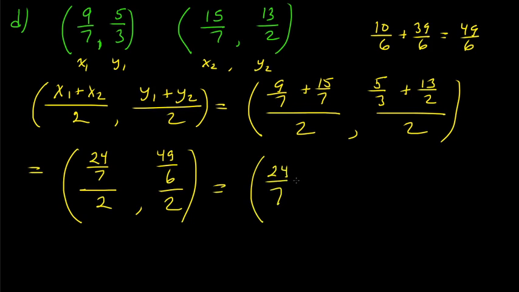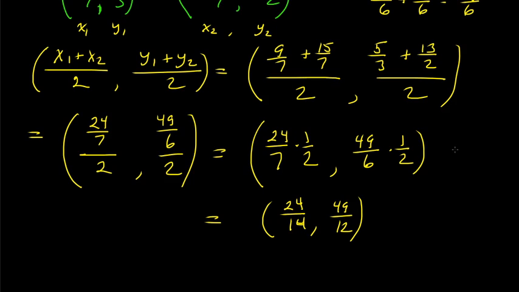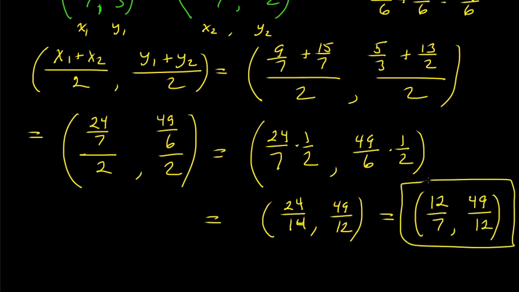So 24 over 7 times 1/2 for x, and then 49 over 6 times 1/2 for y. So this is just 24 over 14 for x, and 49 over 12 for y. And that's it. Oh, we can reduce the 24 over 14, right? That's just 12 over 7. So 12 over 7 for x and 49 over 12 for y. I don't think we can go any further with that.